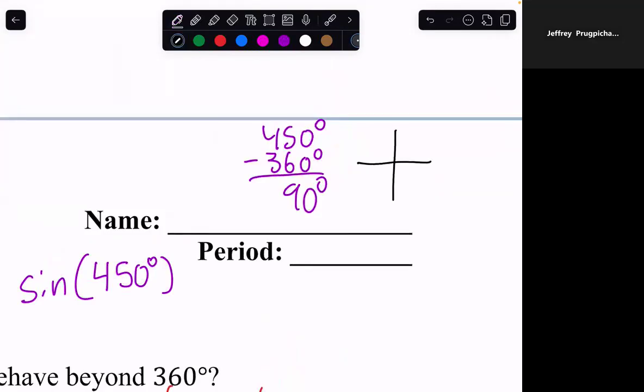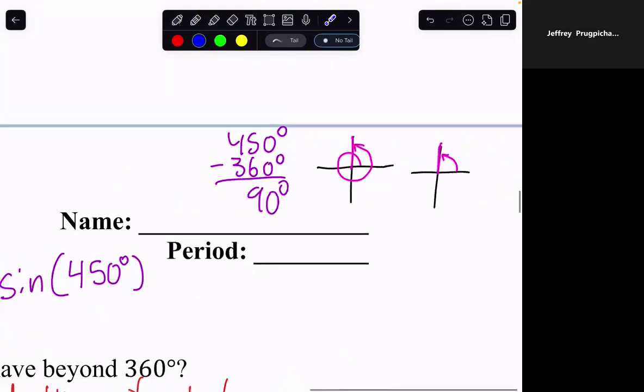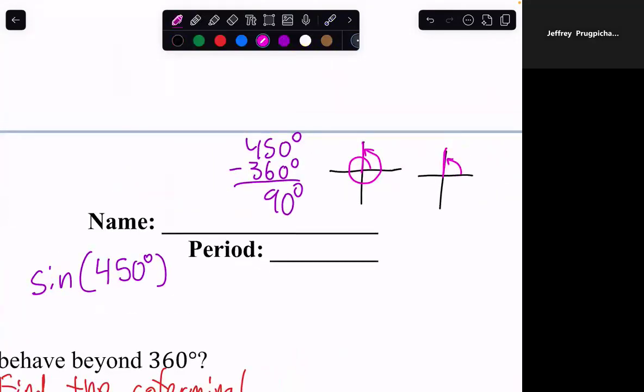Sketch-wise, 450 degrees would look like this. It would do one full loop and then an extra 90 degrees, while 90 degrees would only be from here to here. So the sketch is different, but they both end up in the same place. That means that sine of 450 degrees is equal to the sine of 90 degrees.